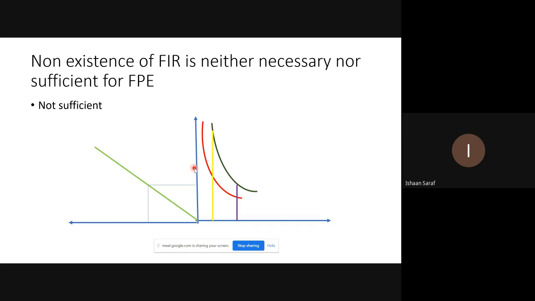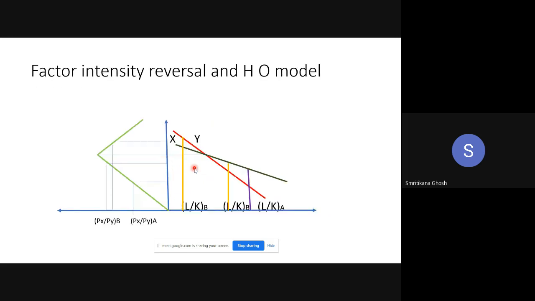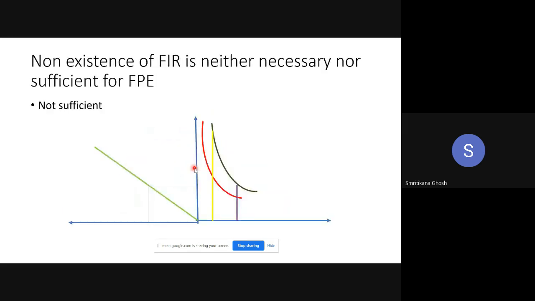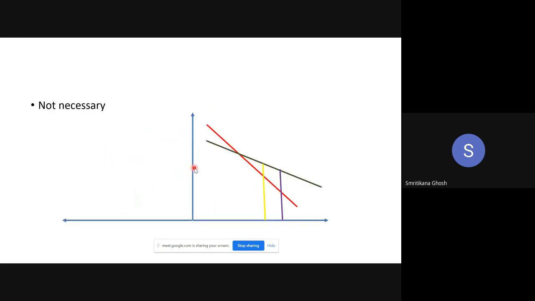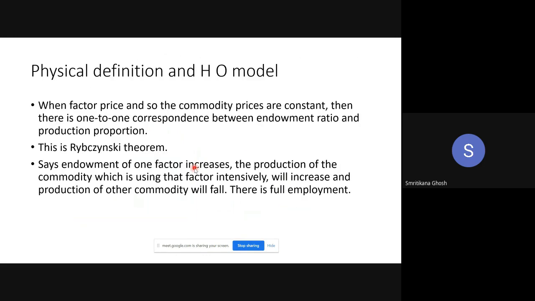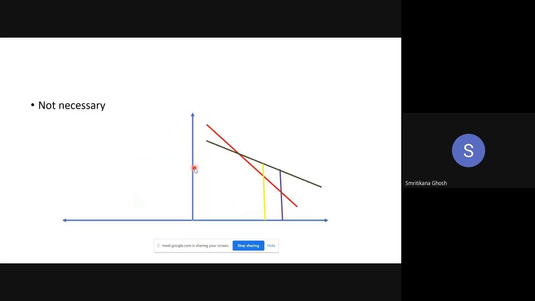Yes, ma'am, it's drawn. Okay, then I should stop here. So many things I have discussed already. So I will discuss the physical definition and the economic model in the next class. Hopefully I can cover it. I don't know whether I can, but okay.